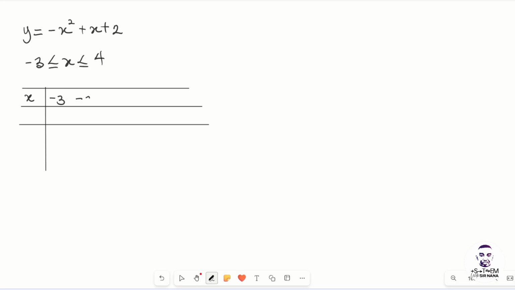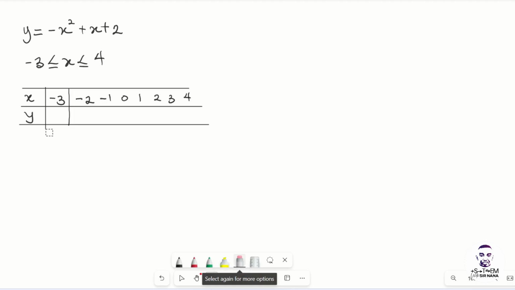So we have negative 2, negative 1, 0, 1, 2, 3, and then 4. Once we have that, we are going to have our y. So our y is just the function, negative x squared plus x plus 2.